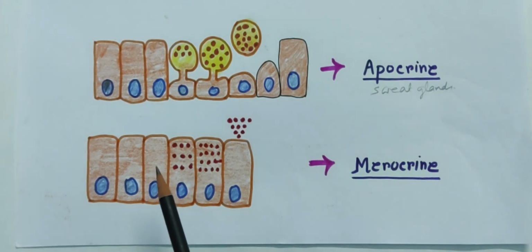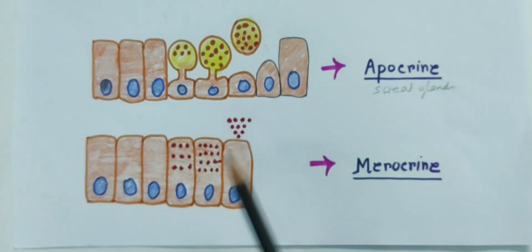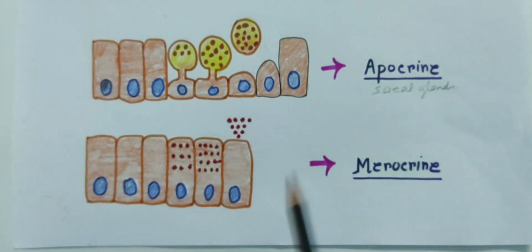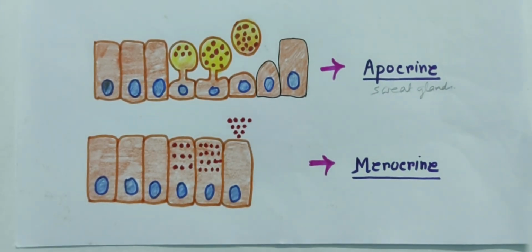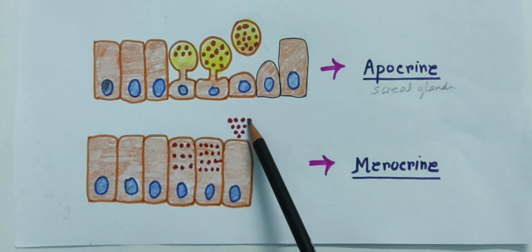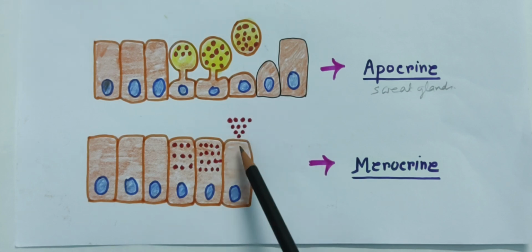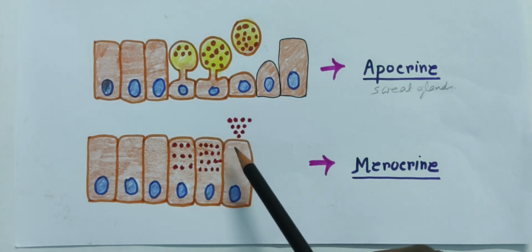Now the third and last type, based on their mode of secretion, is the merocrine gland. Merocrine glands release their secretions by the process of exocytosis. When secretory vesicles come to the edge of the cell, they go out through the plasma membrane by exocytosis. They throw their secretion out of the cell by the exocytosis process. But here one thing is special: the cell does not get damaged.